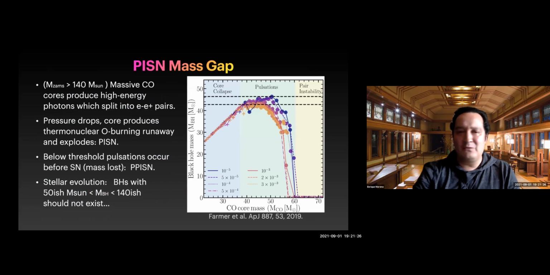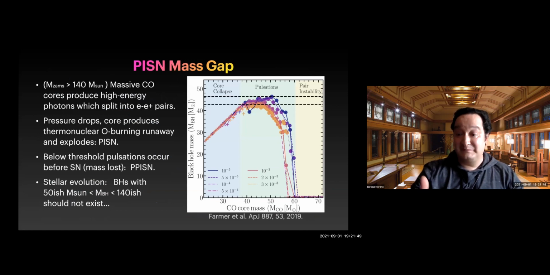So first of all, what's the pair instability mass gap? Basically, if we have very massive stars above 140 solar masses, they will develop a very, very massive core of carbon and oxygen, which will burn really, really hot. So hot that the photons which are produced there are so energetic that they may produce electron-positron pairs.